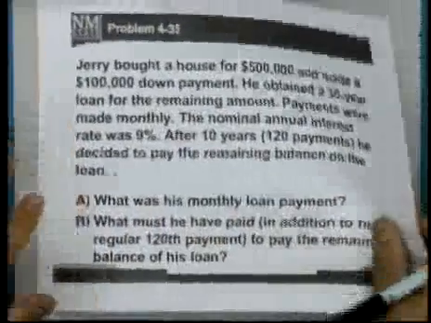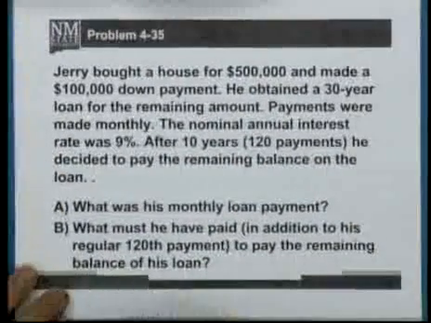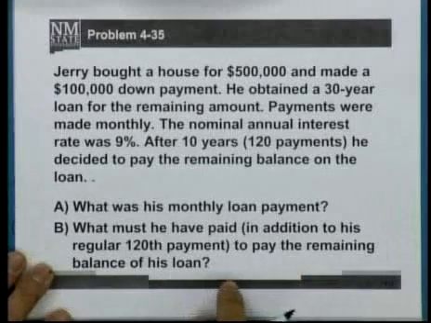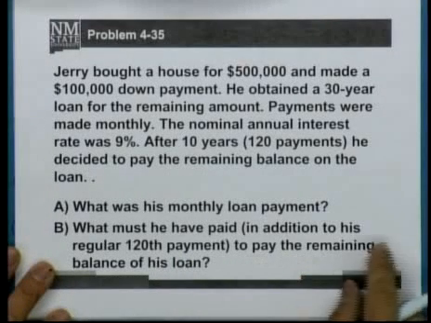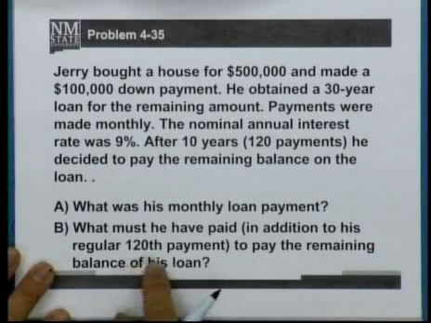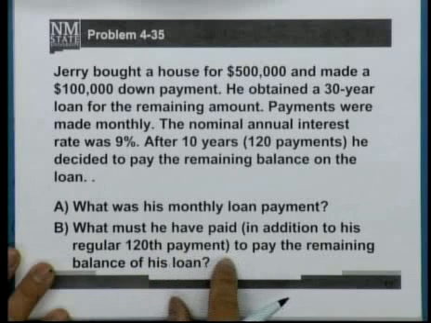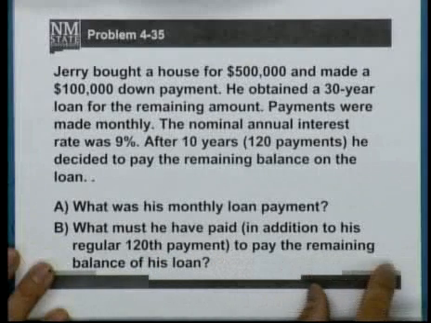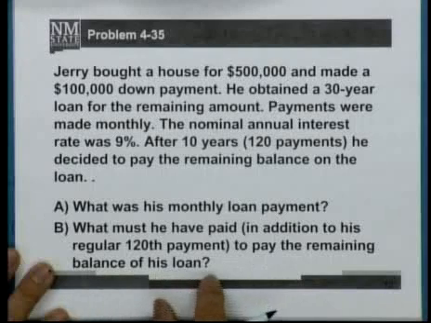Okay, then how do you answer question B? What must he have paid in addition to his regular 120th payment to pay the remaining balance of his loan?